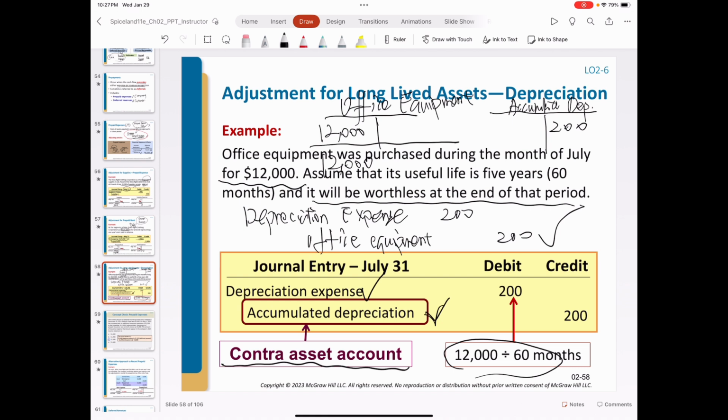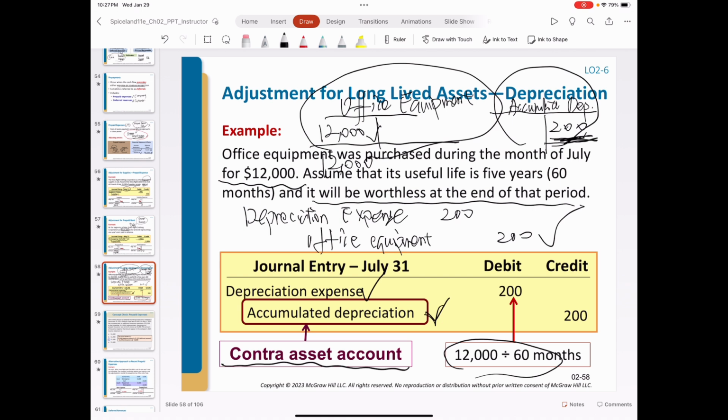By doing so, the book value of these assets is the difference between this account and this account, still $11,800. But we have two pieces of information: one is the original cost, and the depreciation is accumulated in this account. You will see the net book value keep reducing because of the accumulation here.